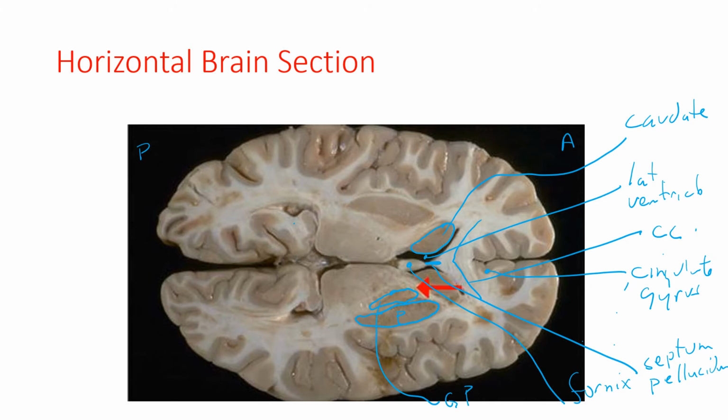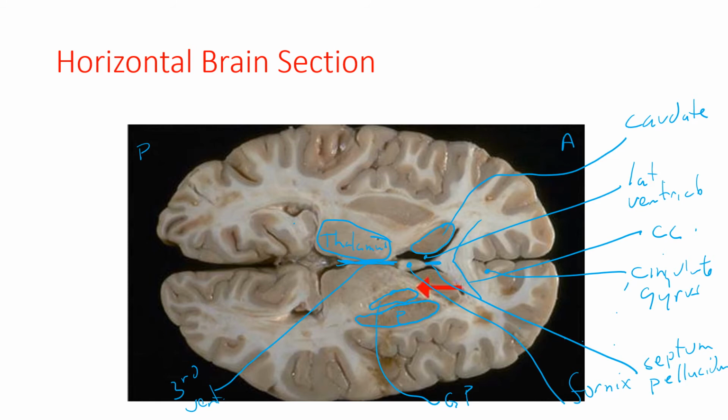So the globus pallidus on this section becomes visible. Here is our third ventricle. And if that is the third ventricle, we know then that this has to be the thalamus.